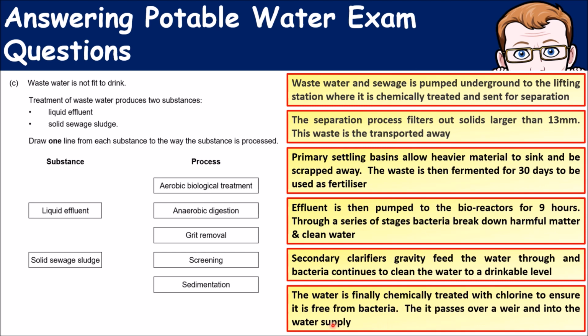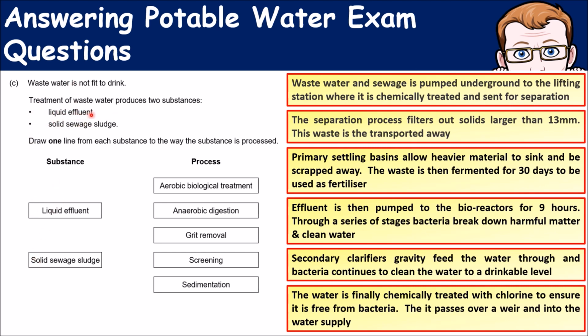Finally, because we've treated it with bacteria in those bioreactors, the water is chemically treated with chlorine to ensure that any free bacteria is killed off before we pass it back into the water.